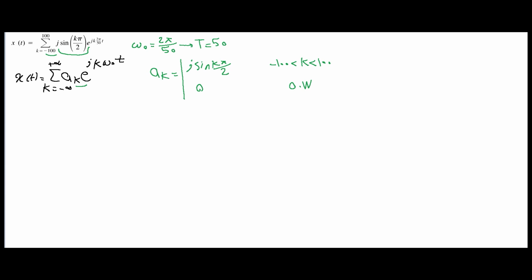Now that we have identified the Fourier coefficients, let's determine whether the signal is real valued. Recall an important property of the exponential Fourier series. A periodic signal is real valued if and only if its Fourier series coefficients satisfy the conjugate symmetry property.